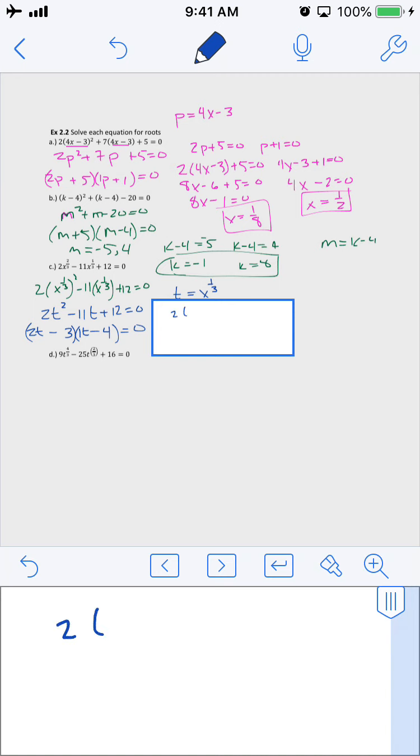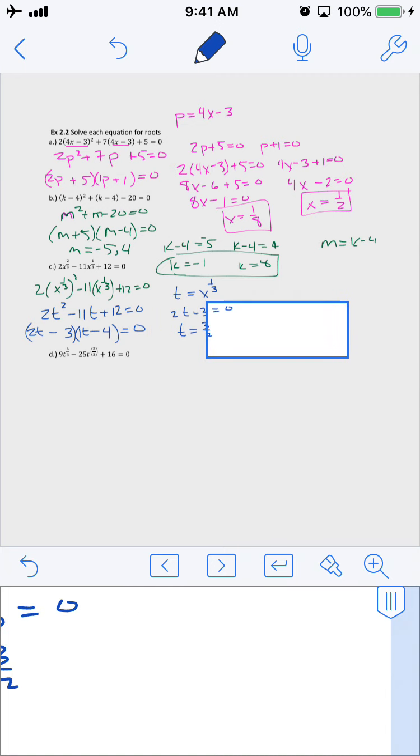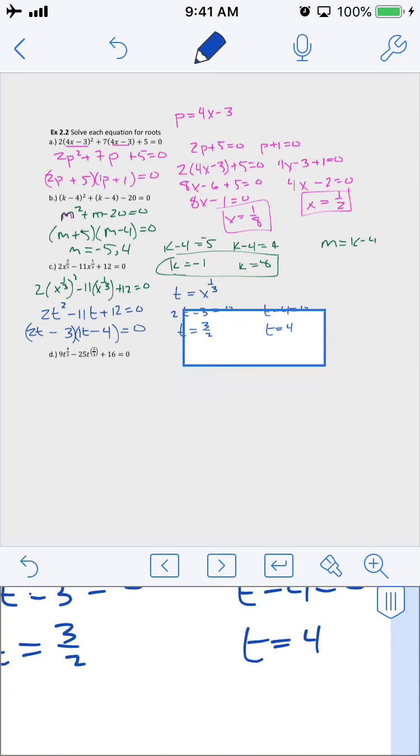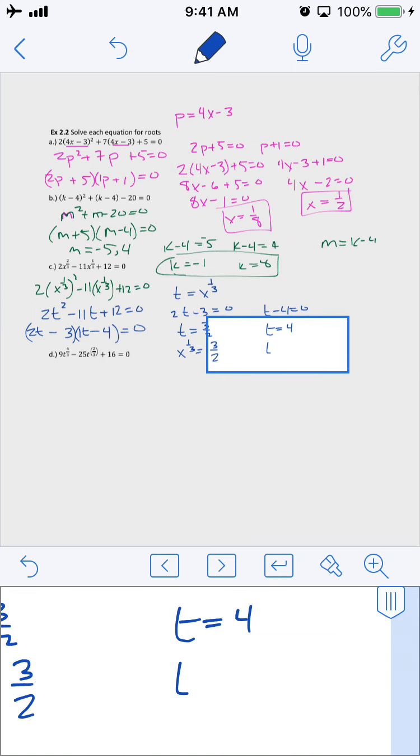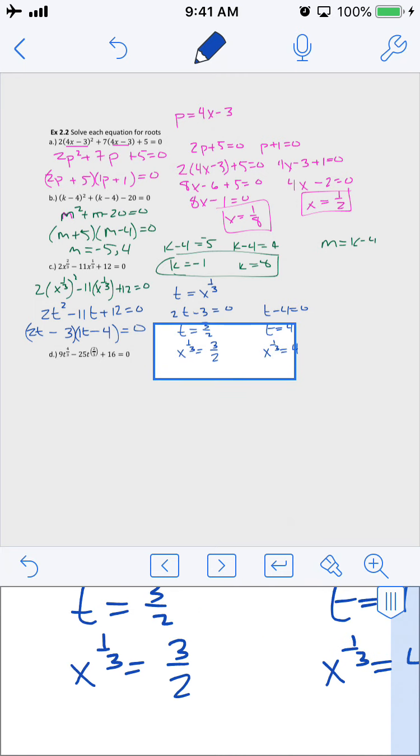Not going to sub back in yet. We get t equals 3/2, or t equals 4. Now I'm going to sub back in. Don't let this panic you. If you recall, x to the 1/3 means cube root, right?